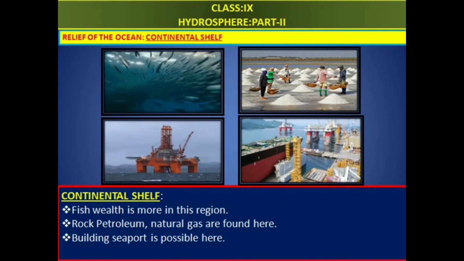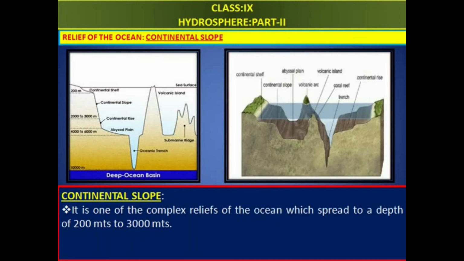The continental shelf is important to us because fish wealth is more in this region. Rock petroleum and natural gas are found here. Building seaports is possible here. Let us learn about the continental slope. It is one of the complex reliefs of the ocean which spreads to a depth of 200 meters to 3000 meters.